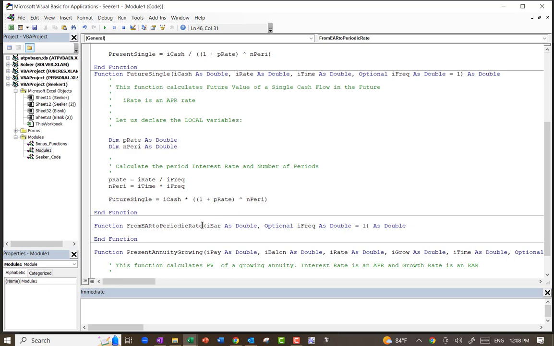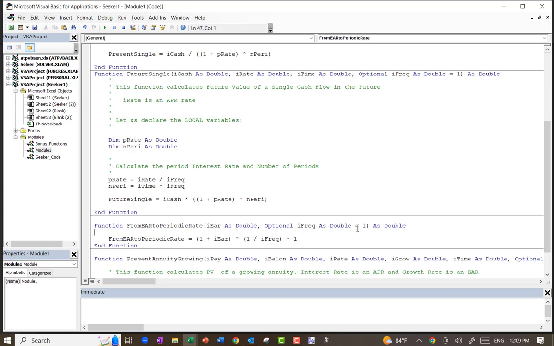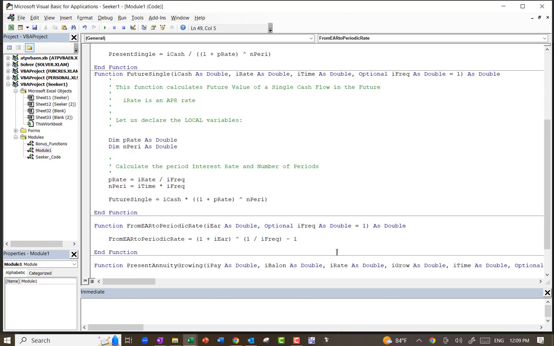And I'm also kind of a stickler with leaving spaces between different blocks. Spaces are completely unnecessary as far as Excel is concerned, but A, it improves readability. B, it also helps, especially when we do stuff with if statements and such things. It makes finding errors a lot easier. So I have a function that calculates the periodic rate if I give you the effective annual rate.